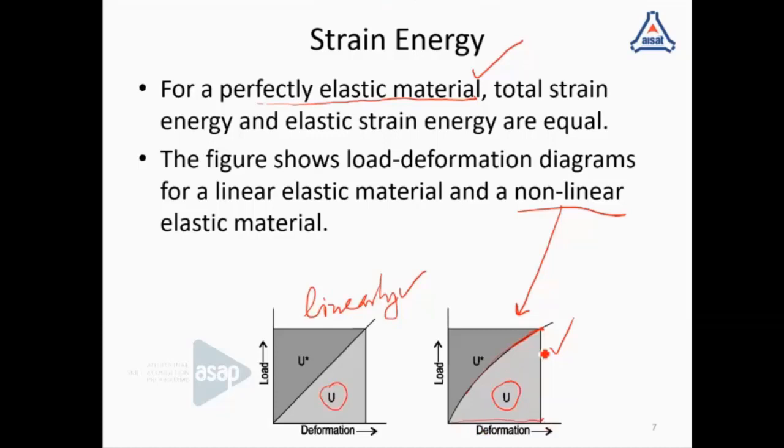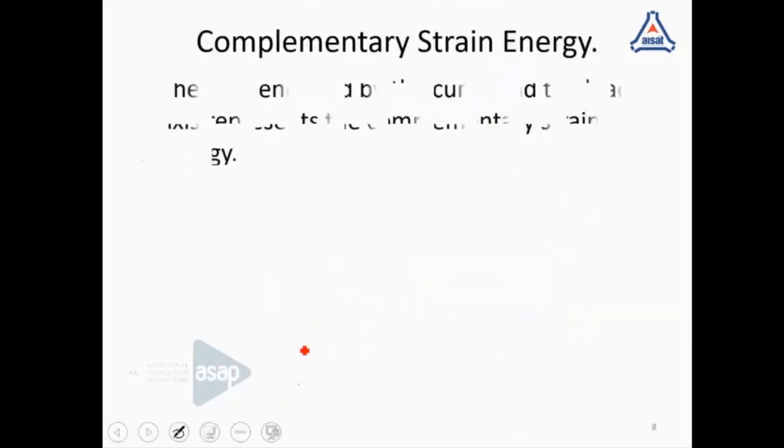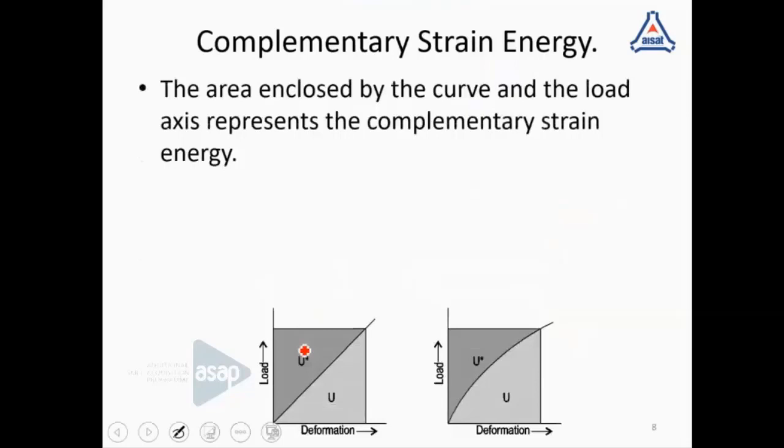And there is another area marked as U star that represents complementary strain energy. It is the area enclosed by the curve and the load axis, which is called complementary strain energy, U star. These are the two notations used, U and U star, strain energy and complementary strain energy.